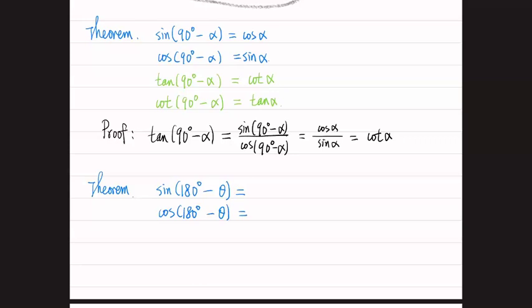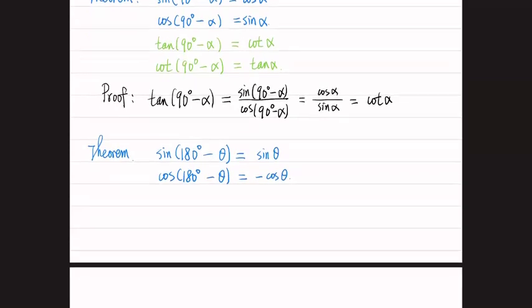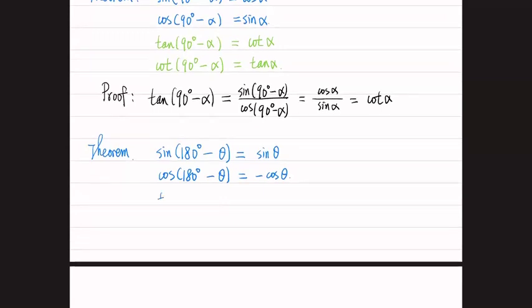Sine stays sine, but cosine goes to the opposite. Okay, with this, let's find tangent and cotangent. What are the formulas? Okay, enter your answer in the chat when you're done.